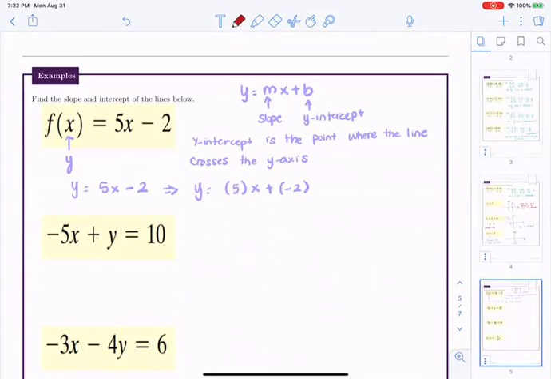Now all we have to do is compare this equation to the equation that we know, which is y equals mx plus b. By direct one-to-one comparison, m is 5, b is negative 2. So the slope is 5, and the y-intercept is negative 2.